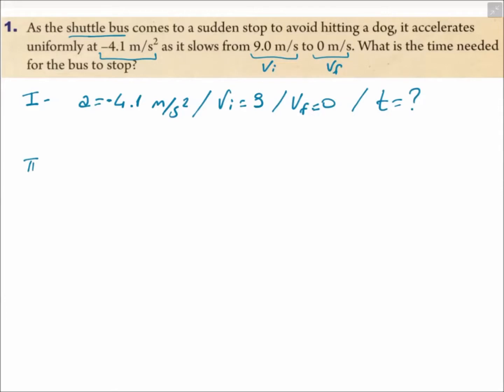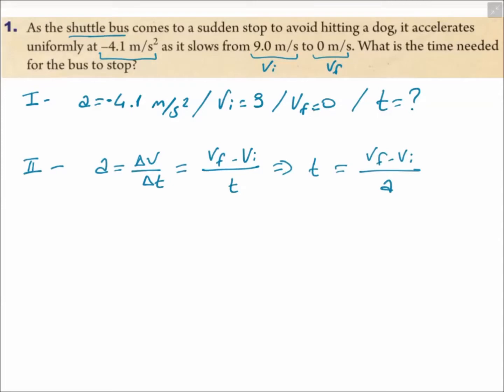In the next step, I'm going to write the formula of the acceleration. Acceleration is delta V over delta t, and it means V final minus V initial over time. And in this question it's asking time, so time equals V final minus V initial over acceleration. The V final, V initial and the acceleration are all given, so I'm going to substitute them in the third step.